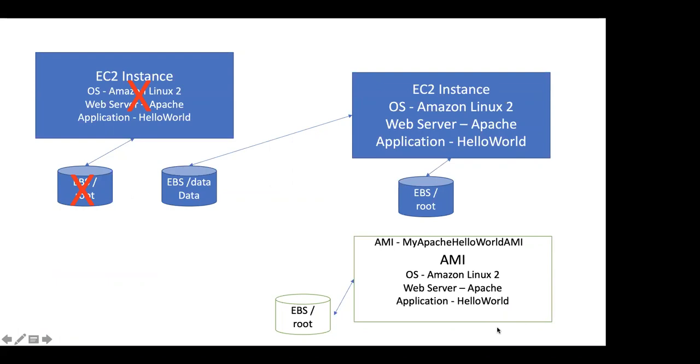You will install the application, you will make configurations to your application. It's a lot of work, correct? Now when you create an EC2 instance, like the way you take a snapshot of the entire EBS volume, there's also a way to take a full snapshot of your entire EC2 instance, which means that the whole operating system, the configurations, the applications that are running in the root volume, all the data that is available, everything is taken as a backup.